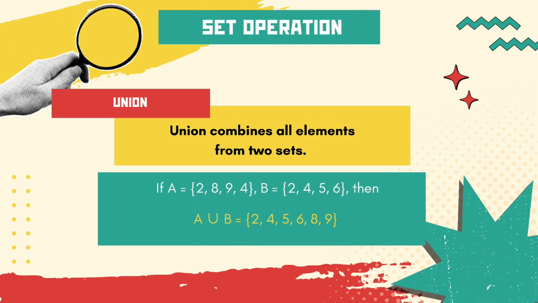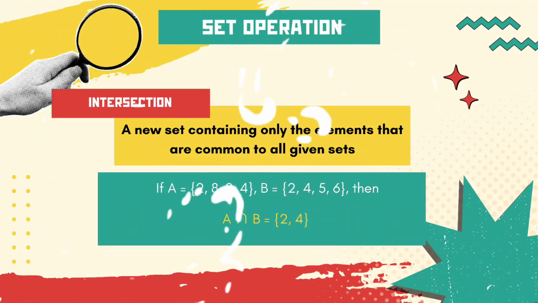There are several important operations on sets. The first is union. Union combines all elements from two sets. If A is a set with elements 2, 8, 9, and 4, and B is a set with elements 2, 4, 5, and 6, then A union B is 2, 4, 5, 6, 8, and 9.